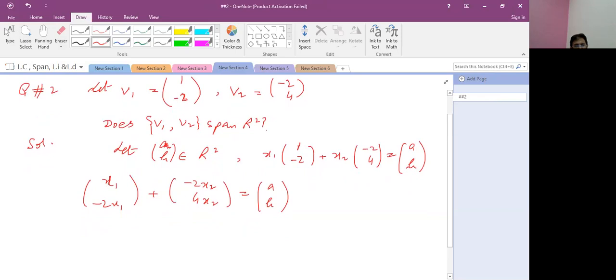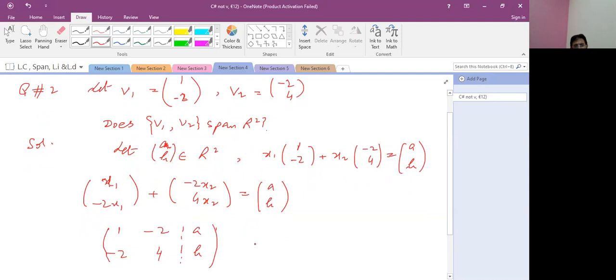If we combine together, student, and form an augmented matrix: coefficient of x1 is 1, coefficient of x2 is minus 2, coefficient of x1 is minus 2, coefficient of x2 is 4, and a, b are the constants.